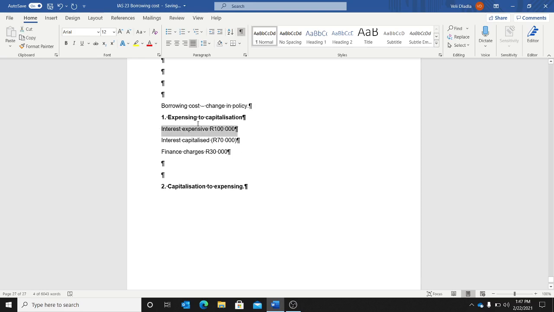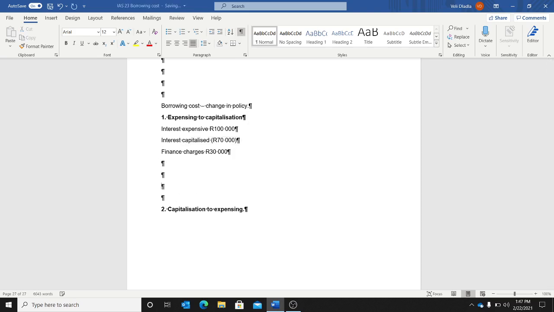All along, you were putting an expense of 100,000. But because you are changing from expensing to capitalization. Now, what is capitalization? Capitalization means we are moving interest out of the income statement to where? To the balance sheet.